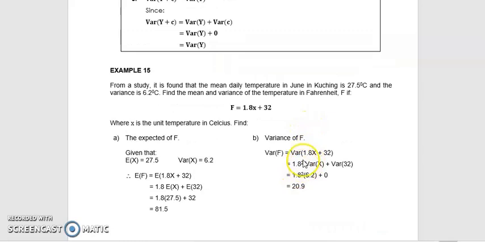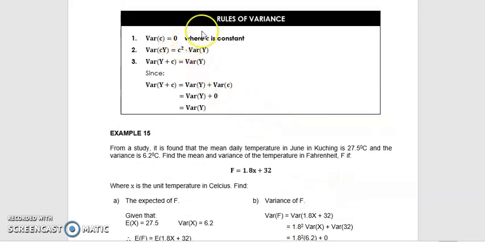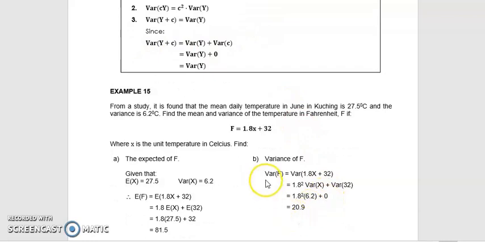So 1.8 squared multiplied by the variance of x, plus the variance of 32. Replace the variance of x, which is given as 6.2: 1.8 squared multiplied by 6.2 plus 0. Why 0? Because the rules of variance say that the variance of a constant equals 0. So the variance of F we will get 20.9.